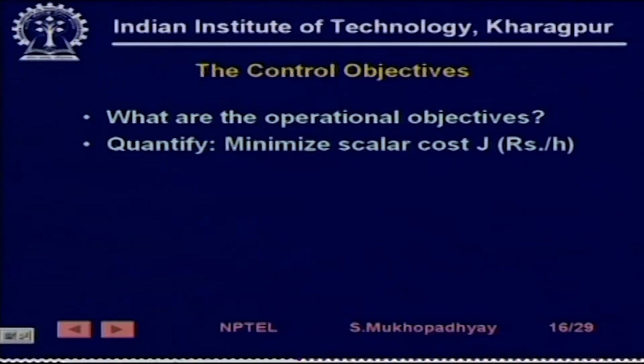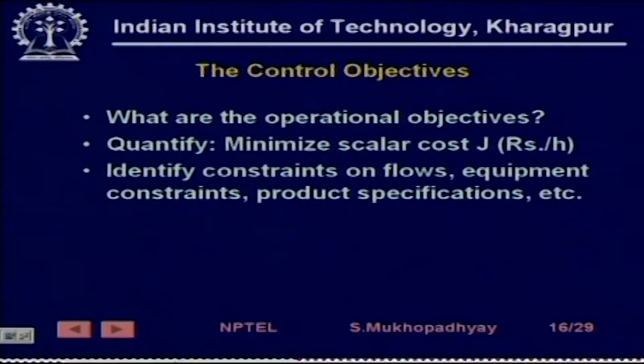Once you broadly understand the operational objectives, you need to quantify them. So, you need to set values which will minimize some scalar cost, right. Scalar means the single overall cost of operation, perhaps expressed as rupees per hour.